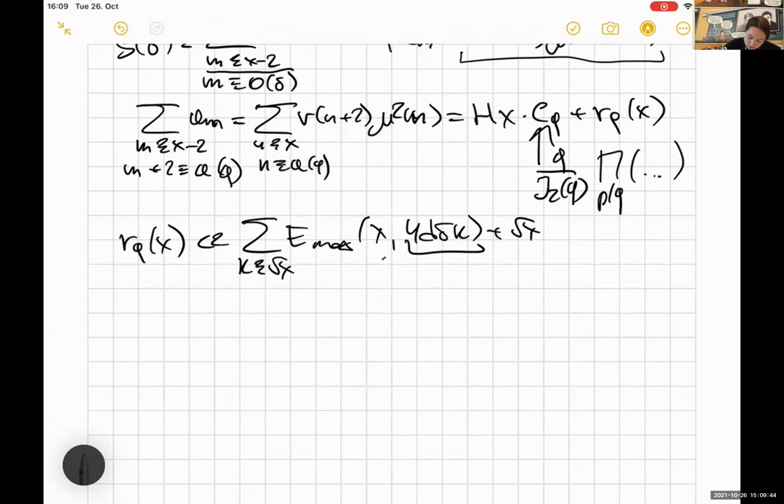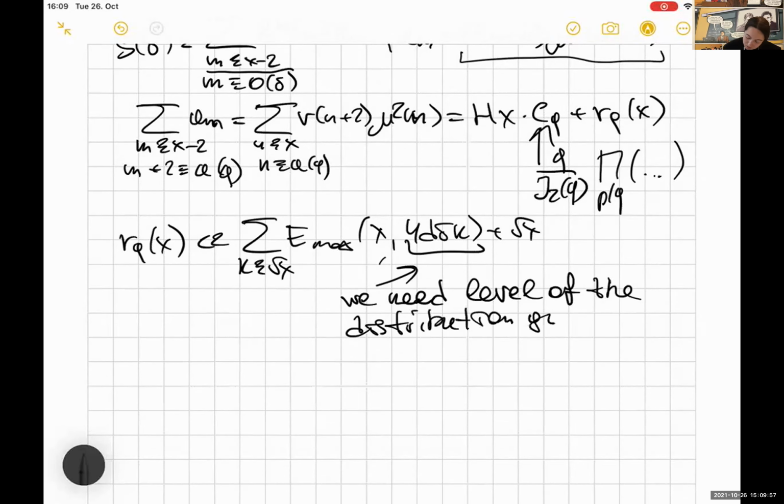So we need the level of distribution good enough to make this small, to make the moduli, well, let me call it suitable.